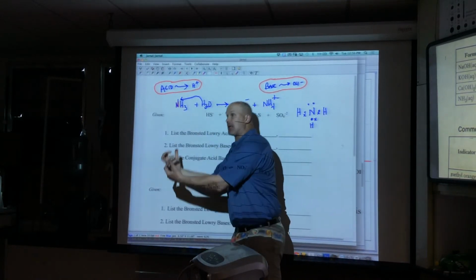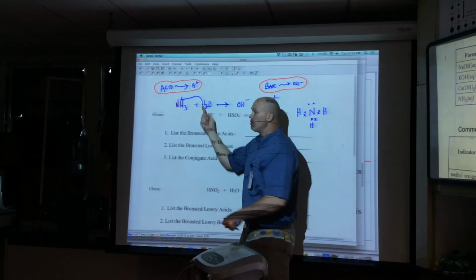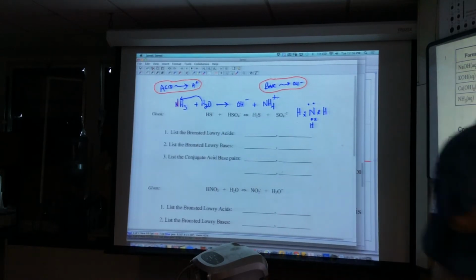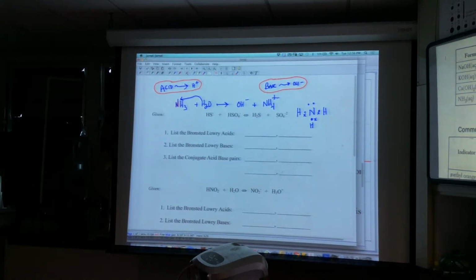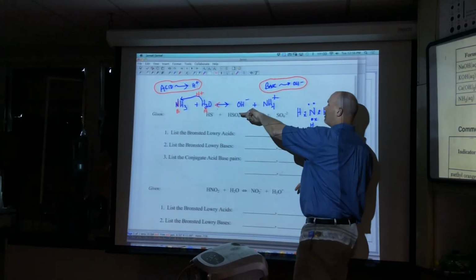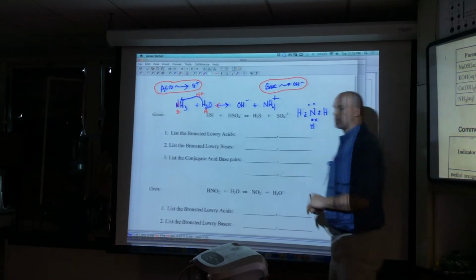The next definition is called the Bronsted-Lowry, and we'll talk about this tomorrow. This guy is acting as a base, not by the Arrhenius definition, but by the Bronsted-Lowry definition. It's accepting an H+. Who's donating an H+? The water is giving off an H plus, so it's acting as the acid. NH3 is accepting, it's the base. Notice the double arrow. Who's acting as the base in the reverse?